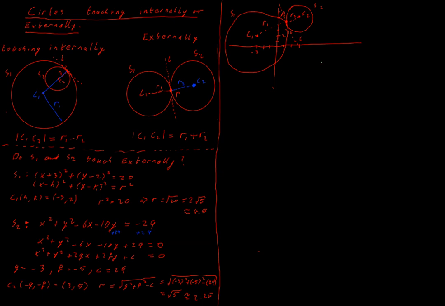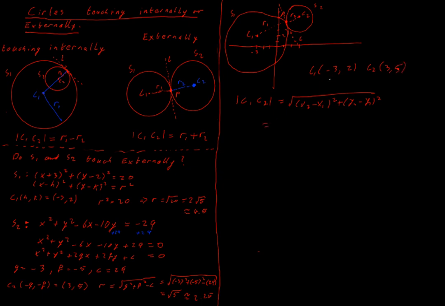So let's do that. I have C1, C2. Distance from C1 to C2 is what I'm looking for. It's going to be the normal distance formula. And I need to write down what C1 and C2 are immediately above where I sub in. C1 is at (-3, 2) and C2 is at (3, 5).